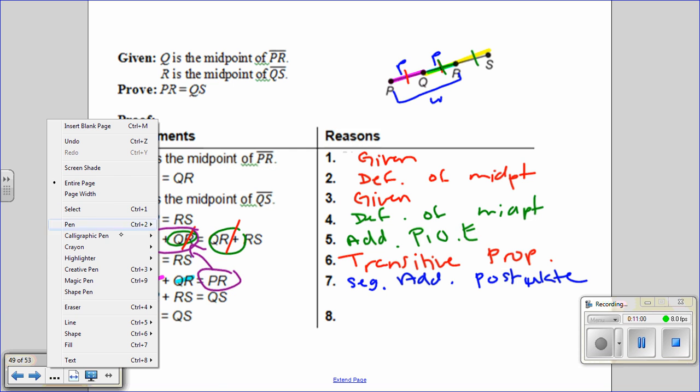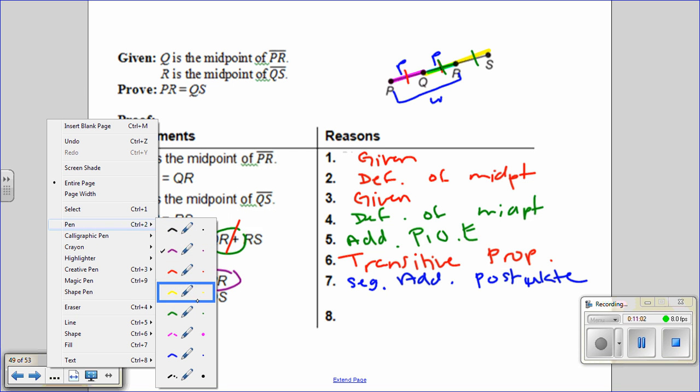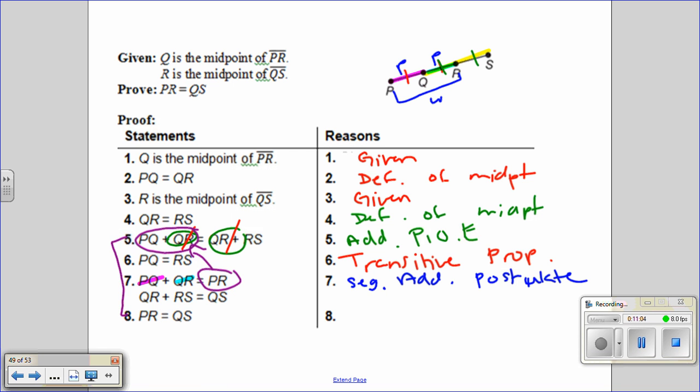Also, in statement 5, we said that QR plus RS, and then in statement 7, we said that that was equal to QS.